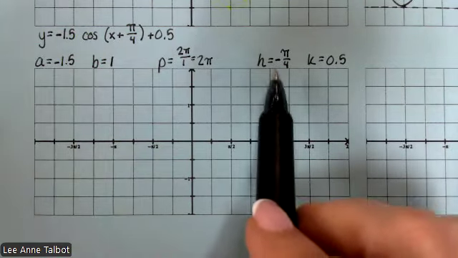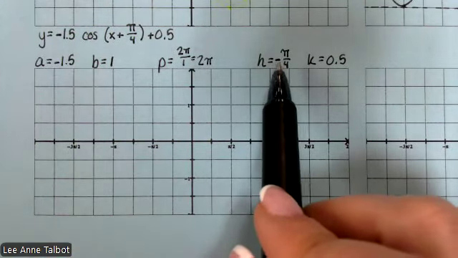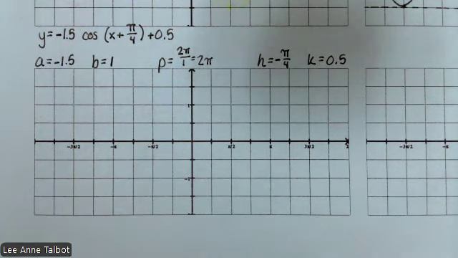Make sure you've got the negative on H. I think if anybody's going to miss anything, it's going to be that. How did we do? Everybody do okay?